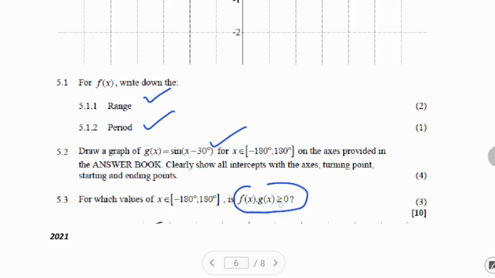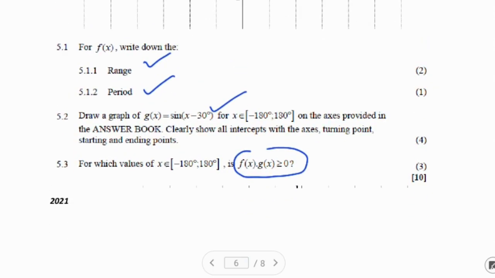Where will it be positive? If one graph is on the positives and the other is on the negatives, then positive times negative is a negative, so that wouldn't apply. But if both of them are on the positives, then that's a positive times a positive, which is a positive. If both of them happen to be on the negative, that would be a negative times a negative, which is positive, then that will be in.